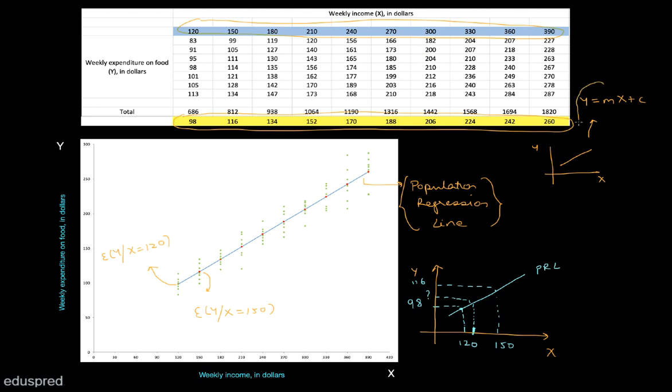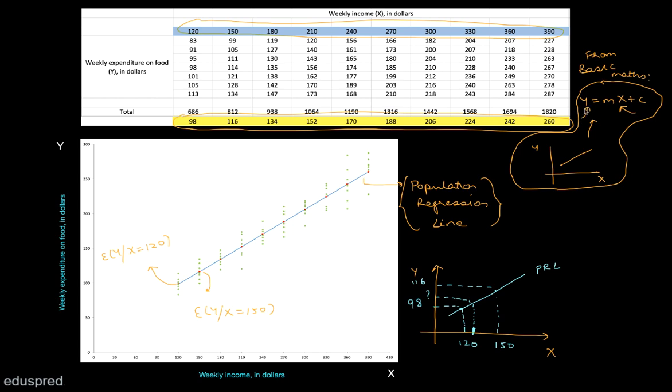This is not econometrics, but this is something that you should know from your basic math modules. If I put a value of x in this particular line, the line will give me the value of y. So this is how the structure of an equation looks.